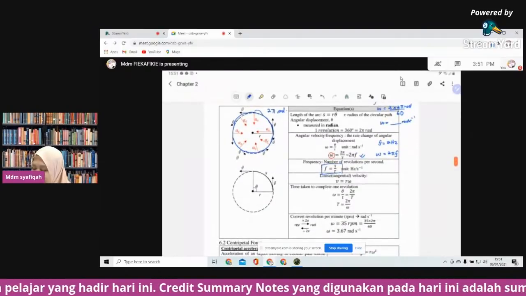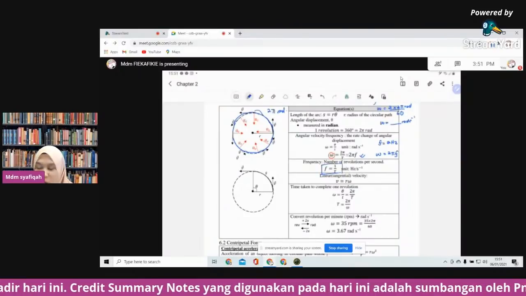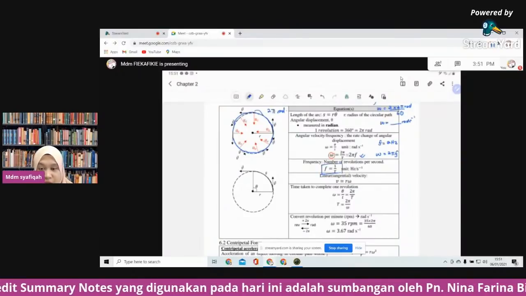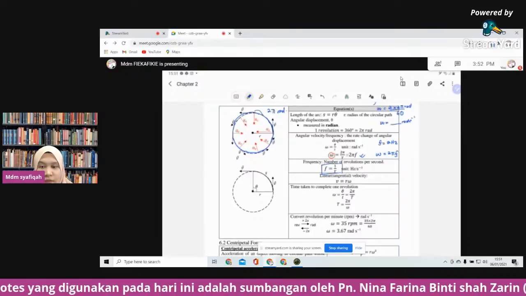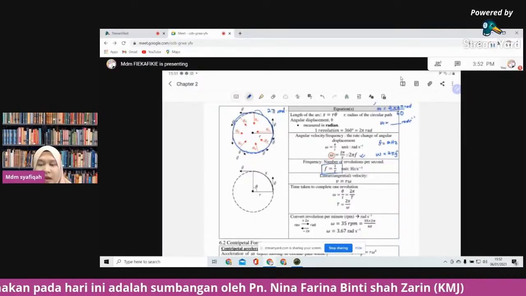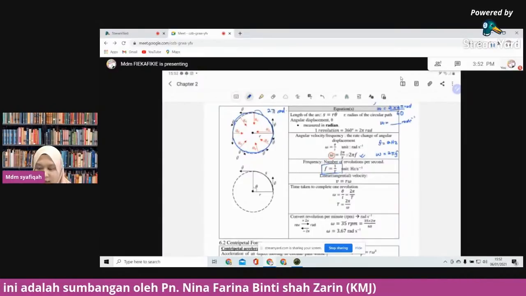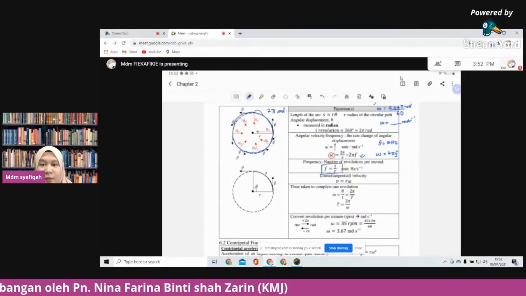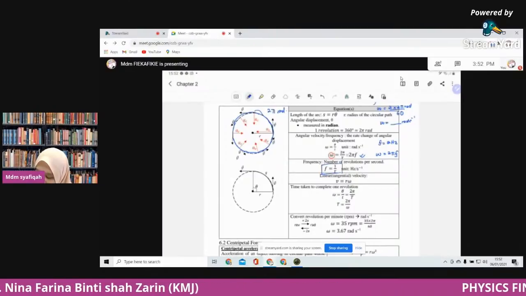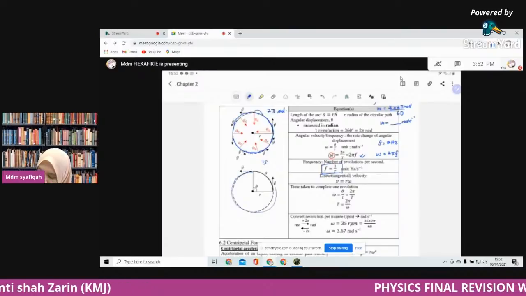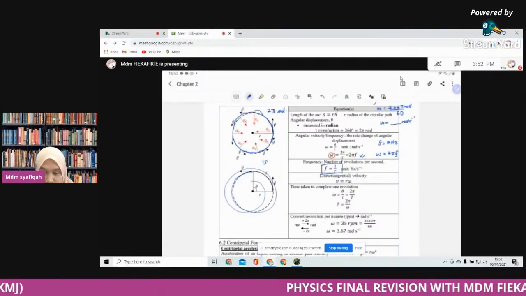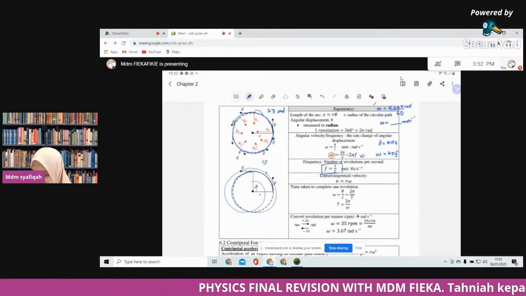Okay. And finally, the relationship between omega and the period. The period is the time taken to complete 1 revolution. Masa diambil untuk melengkapkan satu putaran. Kalau 2 revolution per second, maknanya dalam 1 saat, dia berpusing 2 pusingan. Okay? 2 revolution per second. Okay.